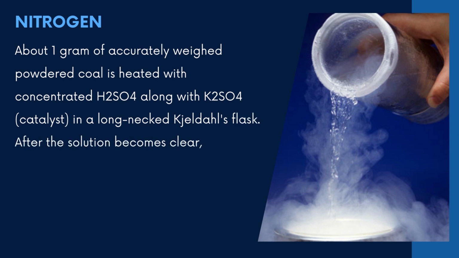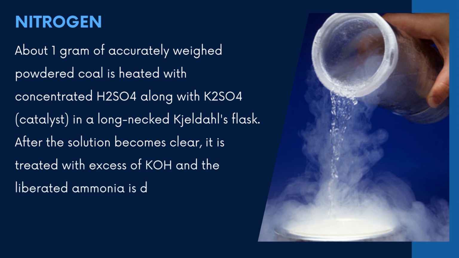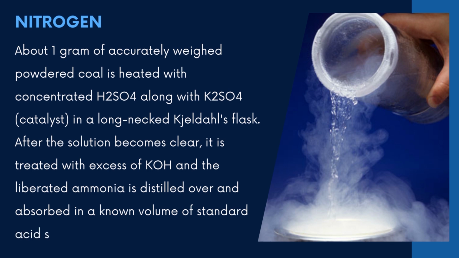After the solution becomes clear, it is treated with excess of KOH and liberated ammonia is distilled over and absorbed in a known volume of standard acid solution. The unused acid is then determined by back titration with standard NaOH solution, from the volume of acid used by ammonia liberated. The percentage of nitrogen in coal is calculated as follows.